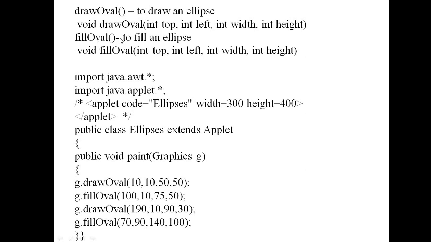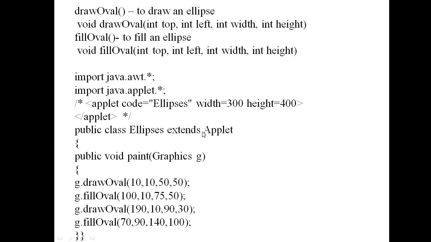fillOval, to fill an ellipse. So an ellipse is filled with a color. So similarly, drawOval and fillOval are also having four different arguments: top, left, that will be specifying the coordinates, and width and height. These are the size specifying arguments of drawOval or fillOval. See the applet here.